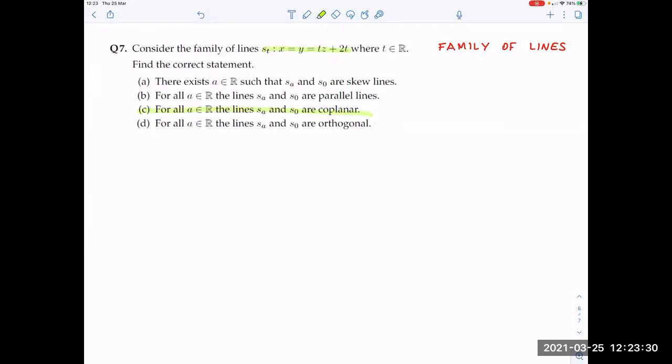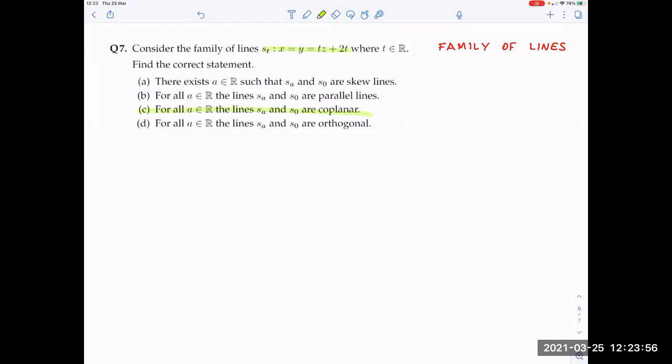Just for me to understand, Cesare Piemontese, you mean is true for all values of t, or you mean something different? Okay, so Cesare Piemontese says that even more is true, that for all values of t, these two lines are coplanar.